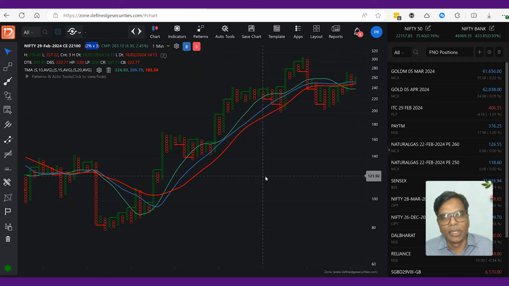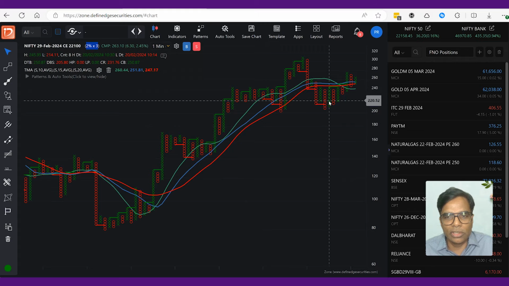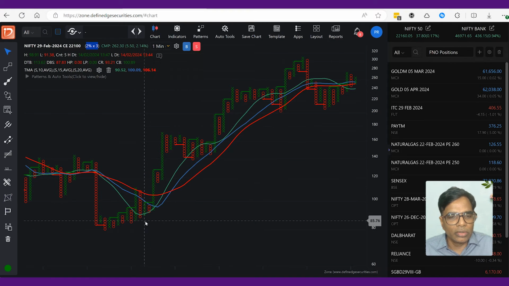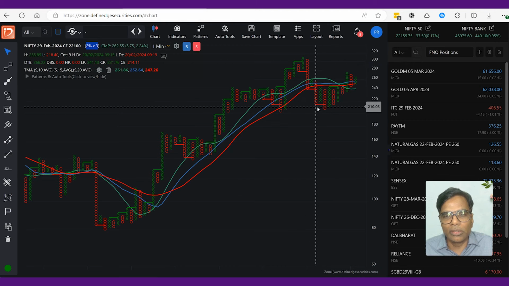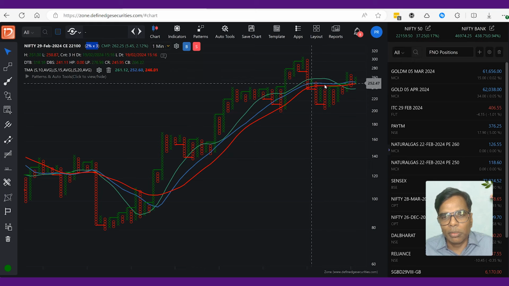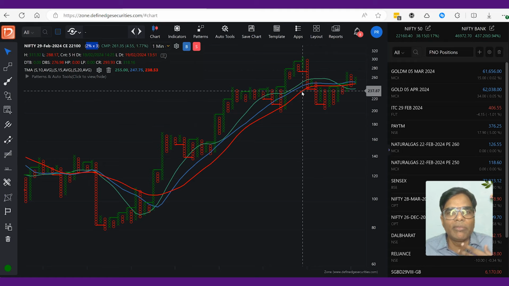Okay, as I showed you, these are very clear entry and exit signals that you get here. So entry when it crosses above the triple moving average and also gives a double top buy, and exit when it closes below the triple moving average and gives a double bottom sell. Okay, very simple, nothing complicated. Okay, and then we'll see how the results pan out.